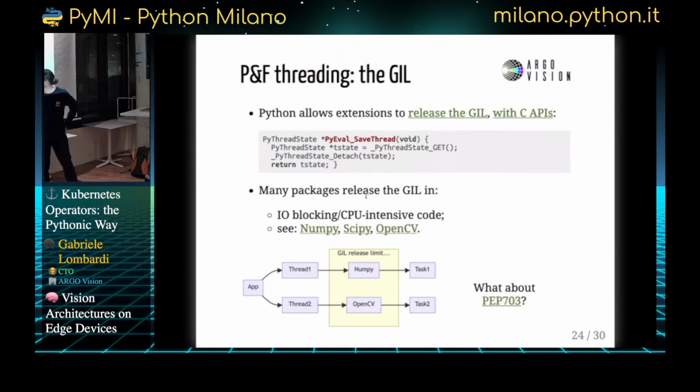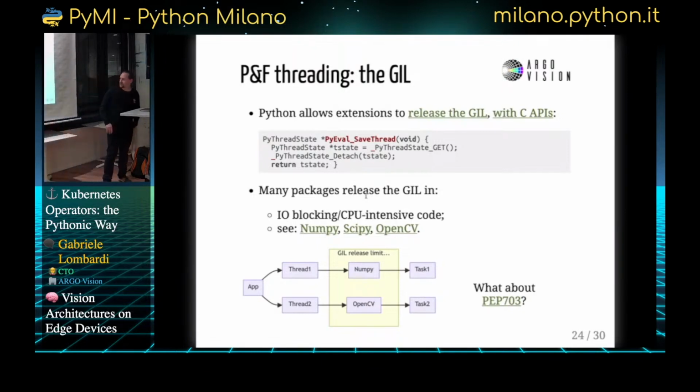And NumPy, SciPy, OpenCV, and many others have algorithms that generally release the GIL. So in our application, we have threads. These threads are not really parallel, but if we use operators from NumPy, OpenCV, and they are parallel, and they release the GIL, not all operators release the GIL, but most of them, the tasks in this case are really parallel.